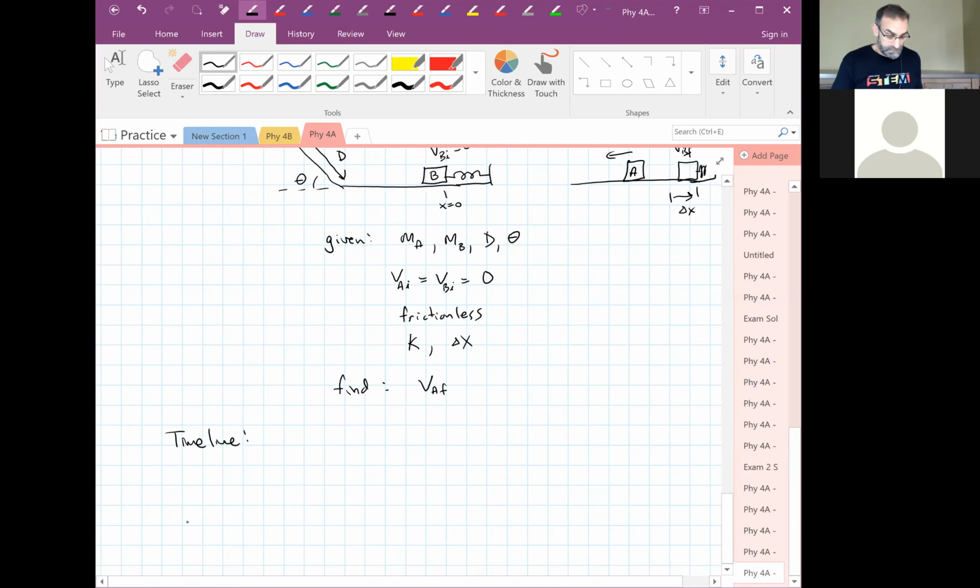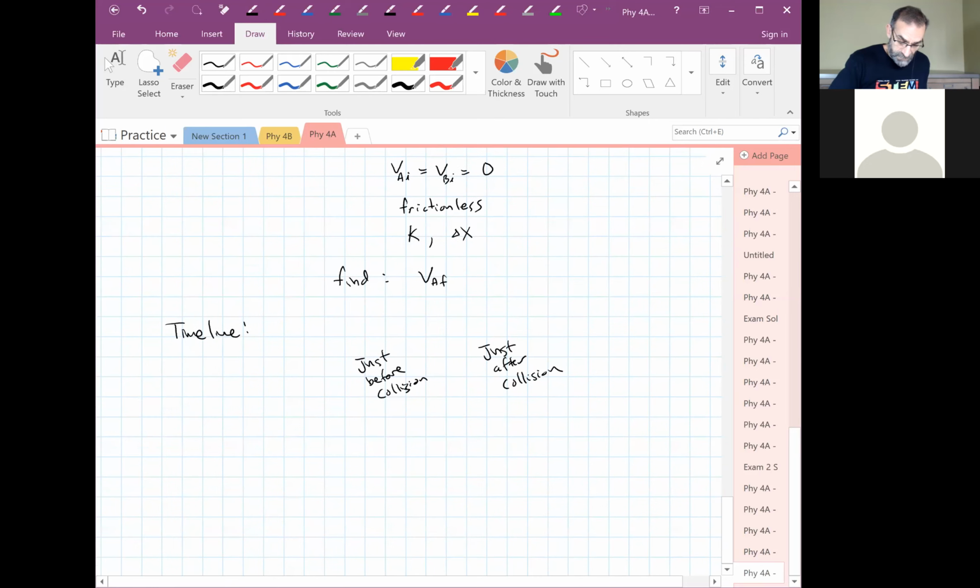What are two times that are always on the timeline? Just before the collision and just after the collision. So just before the collision, what does it look like?